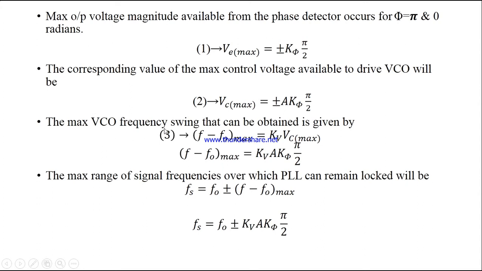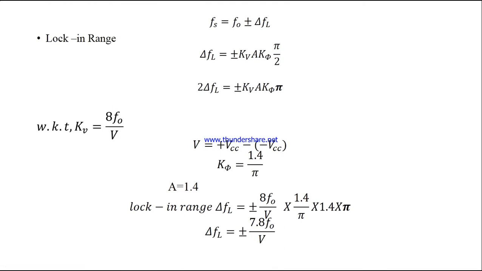The maximum VCO frequency swing that can be obtained is given by this equation, f minus f0 max, and the maximum range of signal frequency over which the PLL can remain locked is given as fs equal to f0. Substituting the value of f minus f0 max, we get the last equation. From that we take fs equal to f0 plus or minus delta fL.